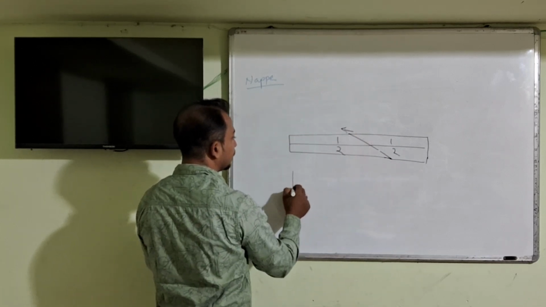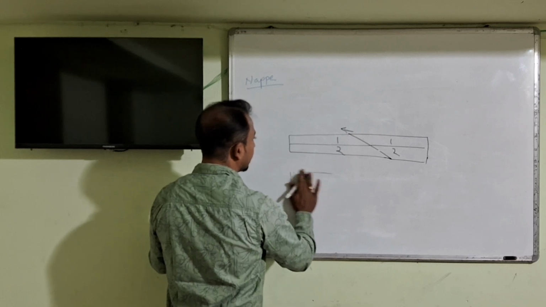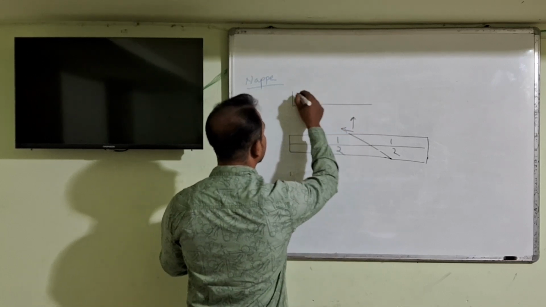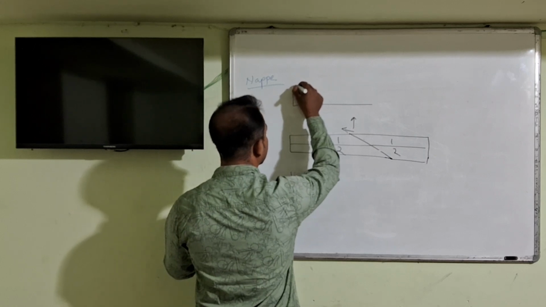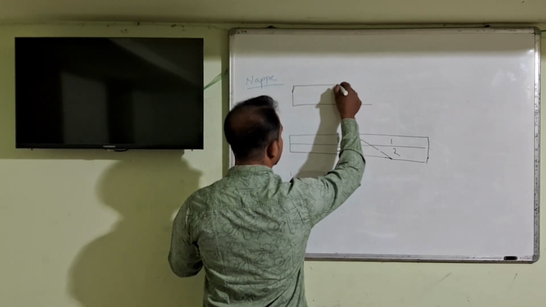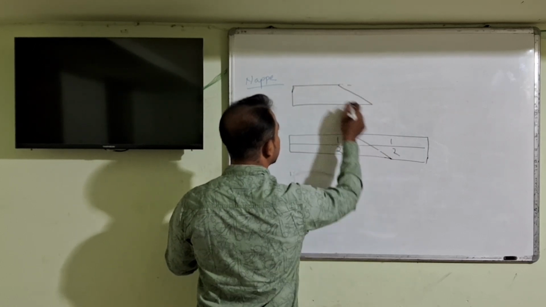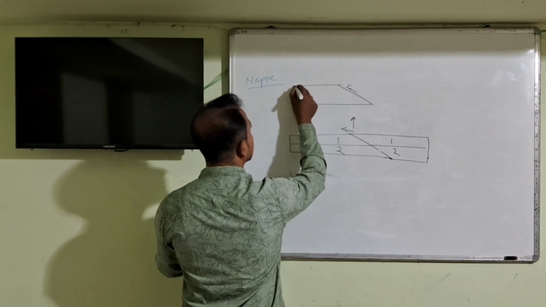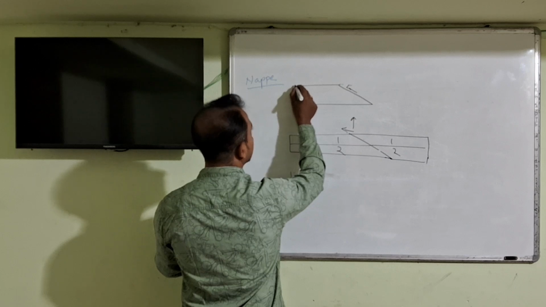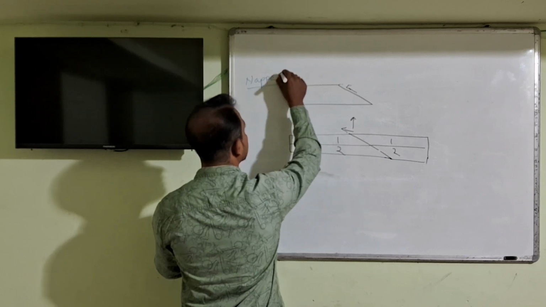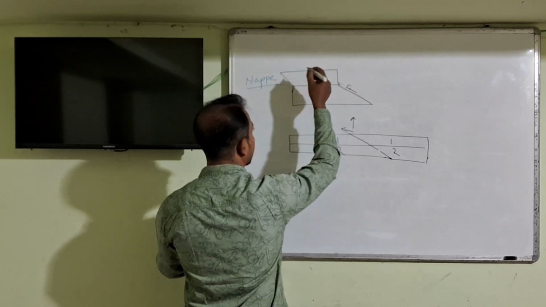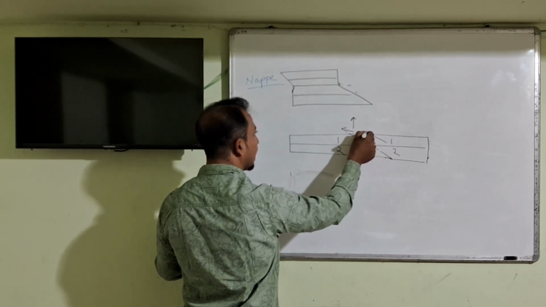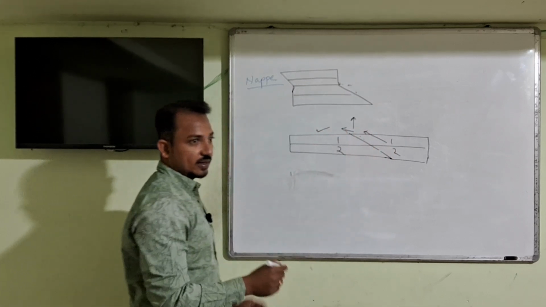After thrusting, this bed will slide over to this bed. That means this will detach and move to the top of this bed. It is a thrust fault.